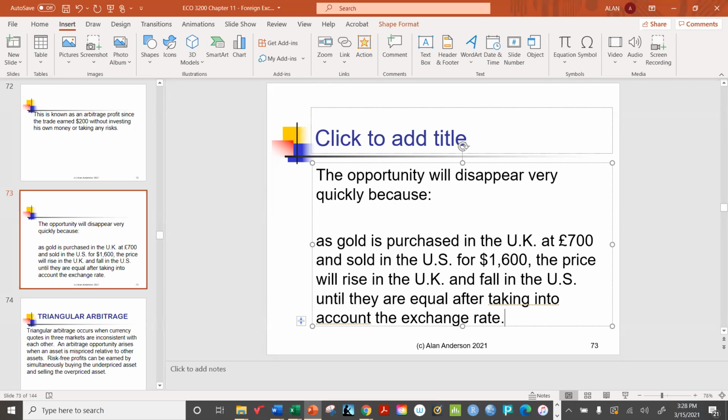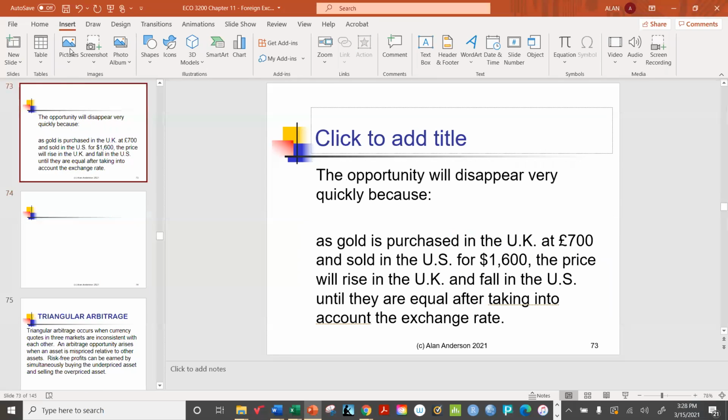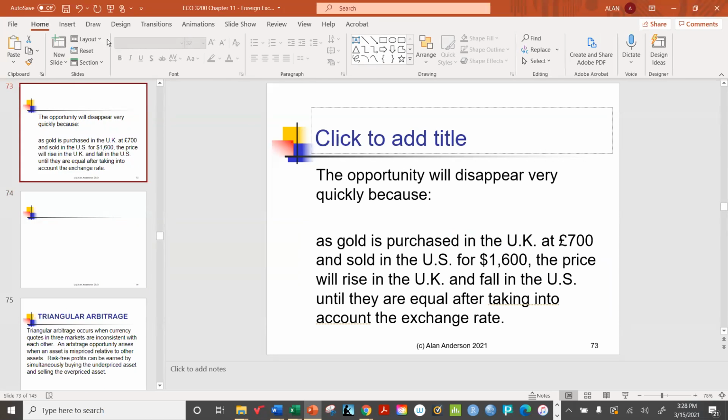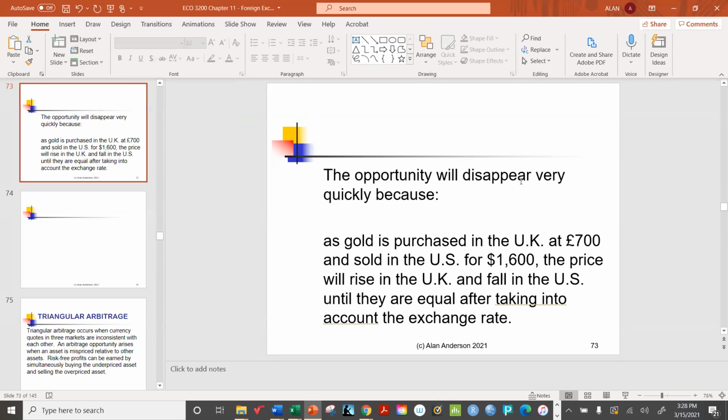Now, in this day and age, of course, this kind of thing is highly unlikely to happen in practice. But what still can happen is for trading, let's say, not so much gold, but financial securities like stocks and bonds, opportunities like this could occasionally arise, but they disappear very quickly. So what happens is that there are places called hedge funds.